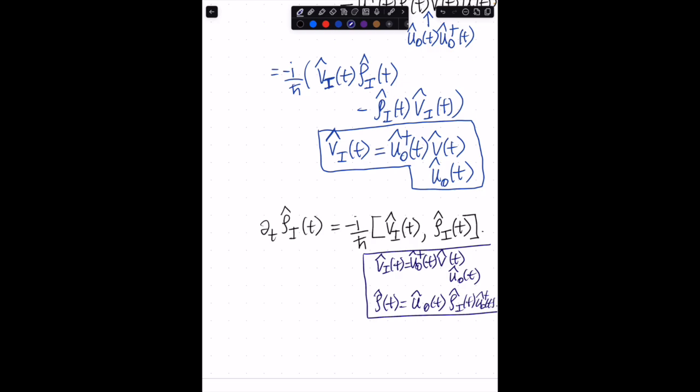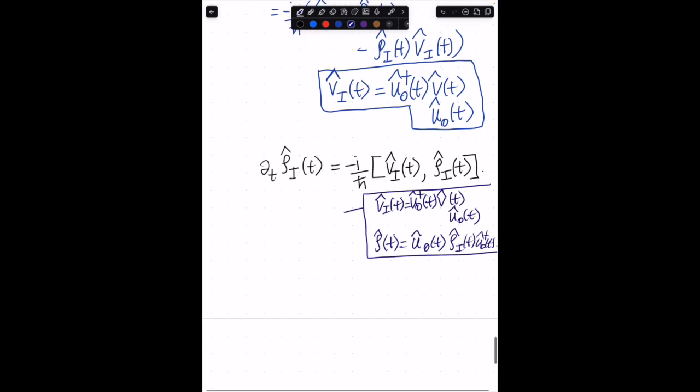So good. So these are the two equations which we have generated by moving into the interaction picture. So now let us solve this by integrating, taking the dt on the other side of the equation and integrating both sides.